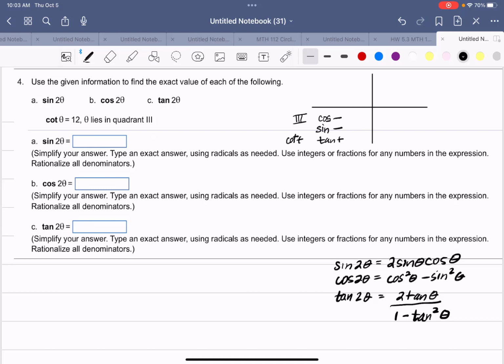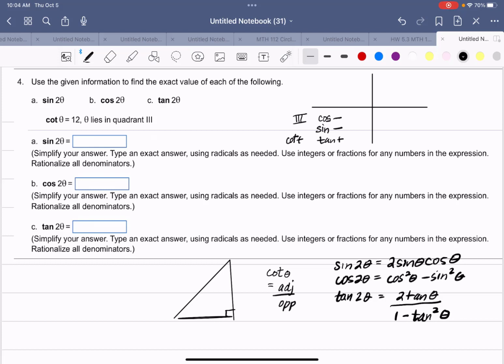So I know that the cotangent is 12. So I'll draw a triangle here. Remember that cotangent of theta is adjacent over opposite.